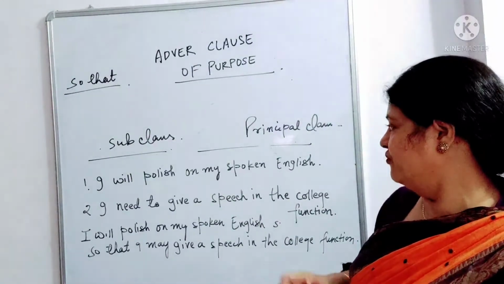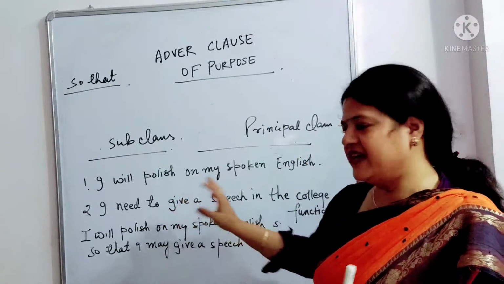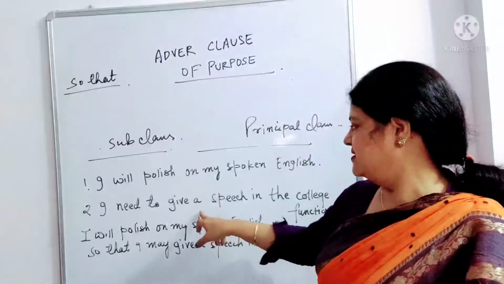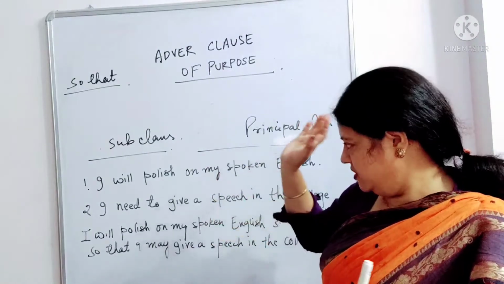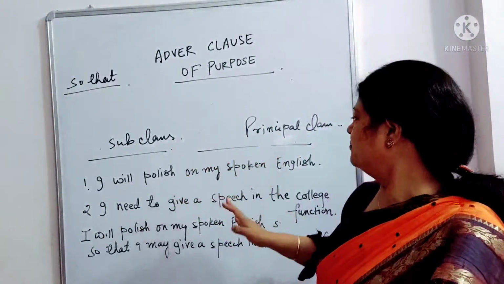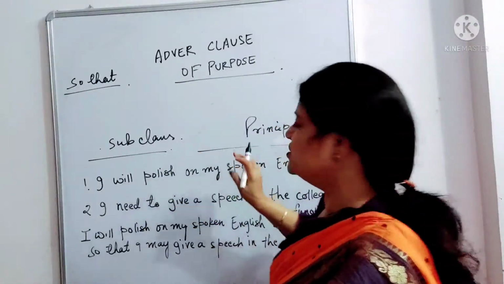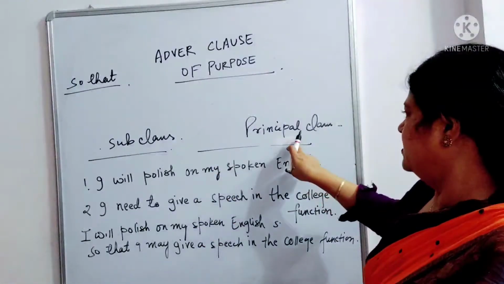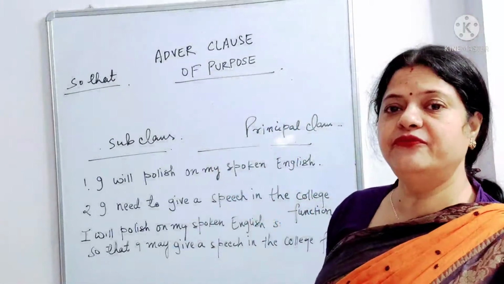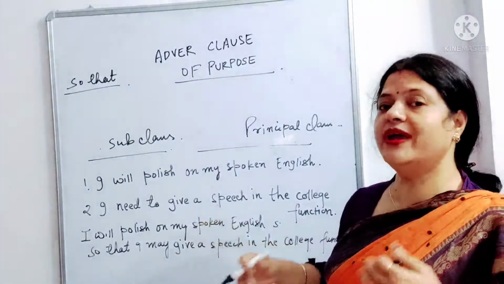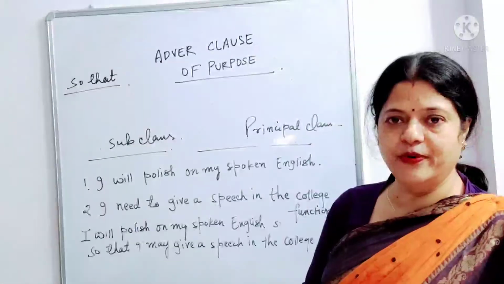So first of all, we see which sentence is showing purpose. Second sentence is showing purpose. Okay. So the thing is, why would I polish my spoken English? This polish, this verb, as I told you right now, is the verb in the principal clause. The purpose of that verb is shown in, what should I say, the adverb clause of purpose.